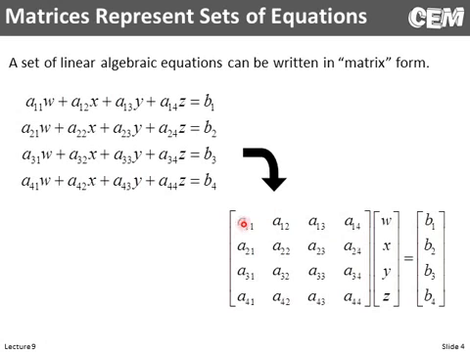And notice this has just as many rows and columns as the number of rows in this column vector. So we have a 4 by 4 square matrix multiplying a 4 by 1 column vector. And then we lump the known constants into this final column vector. So this matrix equation represents this set of 4 equations exactly, but a bit more compact, a bit more simply, and we're going to be able to do some pretty cool things with this.